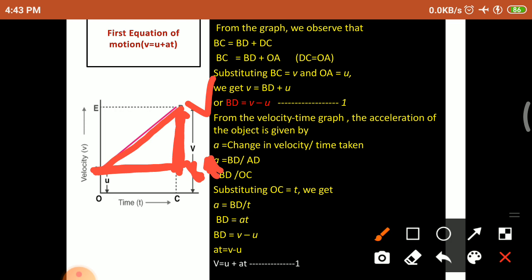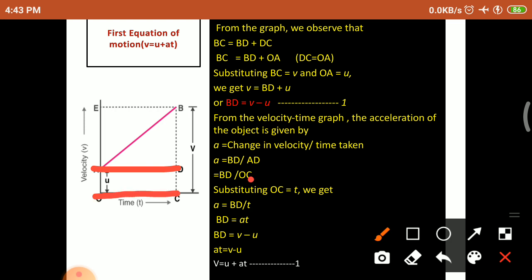So a equals BD by OC, and substituting t for OC, a equals BD by t.